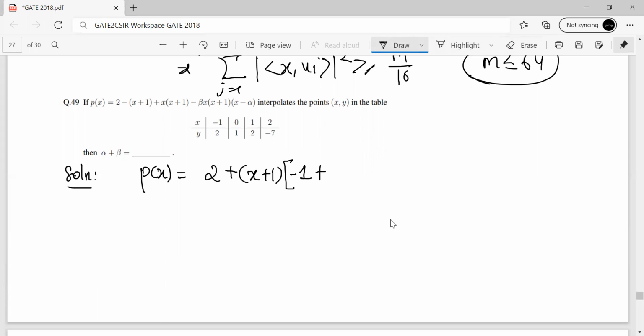So I got here minus 1 plus x and then minus beta times x into x minus alpha. Okay. So let us consider points which will give us something. If I take p of minus 1, yeah, so take p of minus 1, so that will give you what?